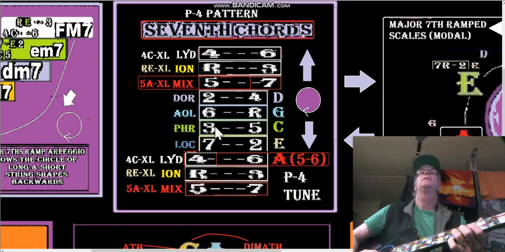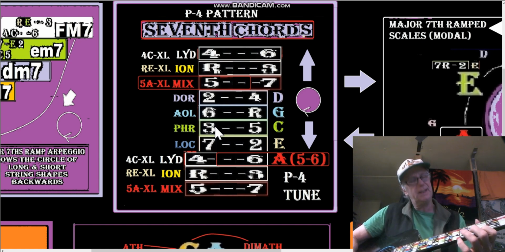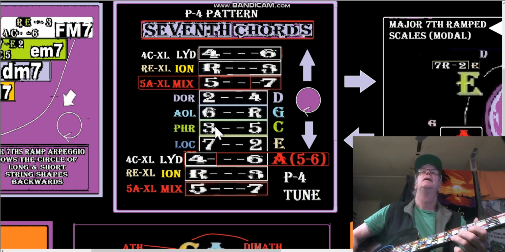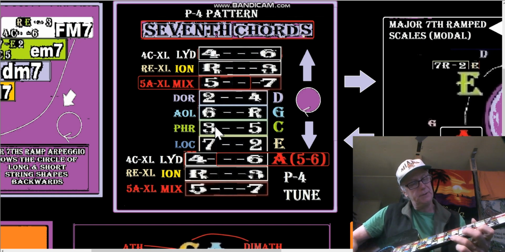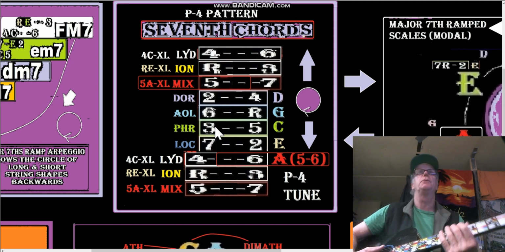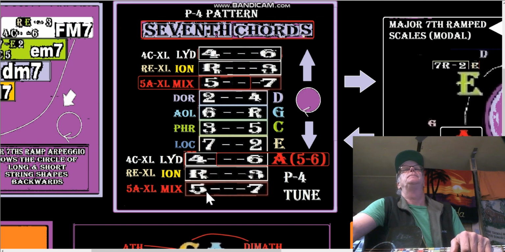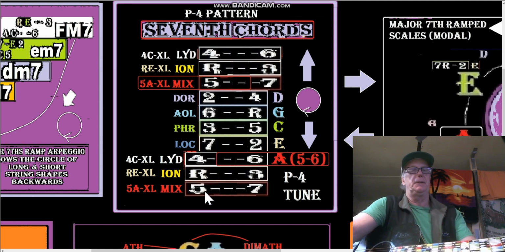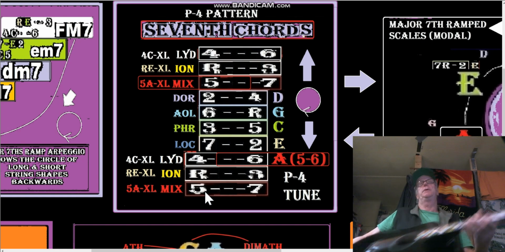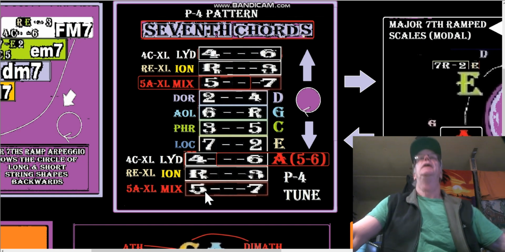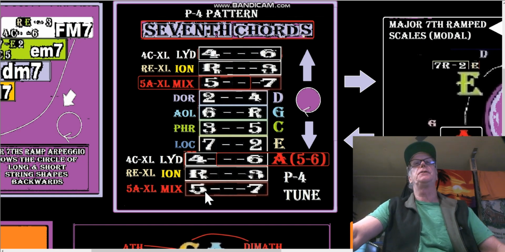Alright, 3, 5, 7, 2, 4, 6, root, and 3. We got up to the same thing, to an E minor. So we really only did 2 octaves, and then we got to a G there on top.